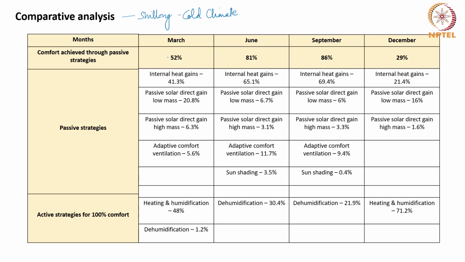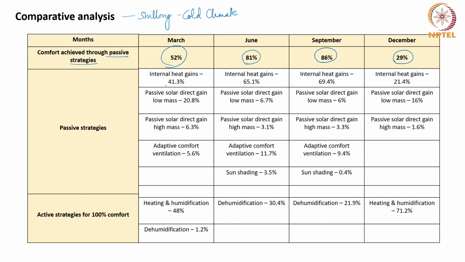So for the month of March, with just the passive strategy, only 52% of the time period can become comfortable. Whereas in June, with passive strategies alone, 81% of the hours is comfortable, and in September, 86% is comfortable with just passive strategies. But in December, only 29% of the hours can be made comfortable with passive strategies.